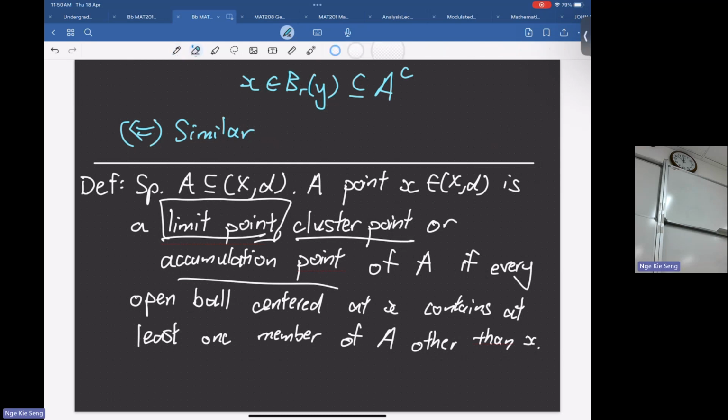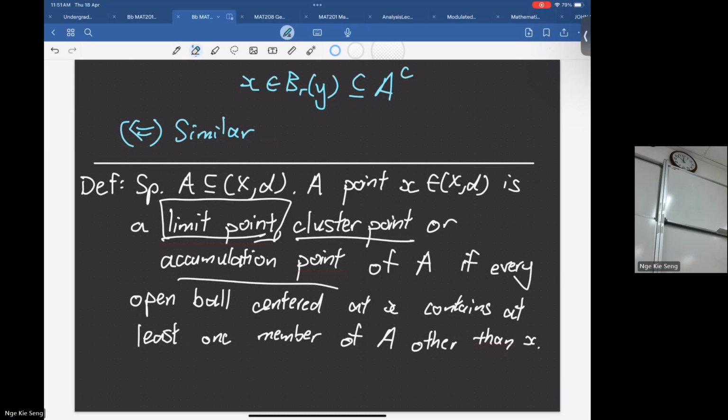In fact, you are just discrete or isolated. So if you want to be a limit point, everybody must rush for you. You need to be an accumulation point. A lot of things should accumulate around you that cannot separate from you. Does that make sense?